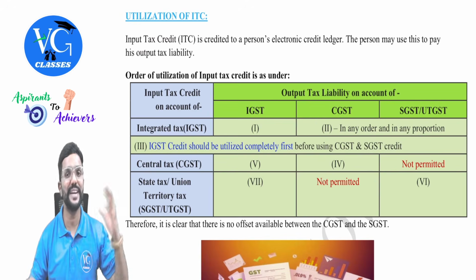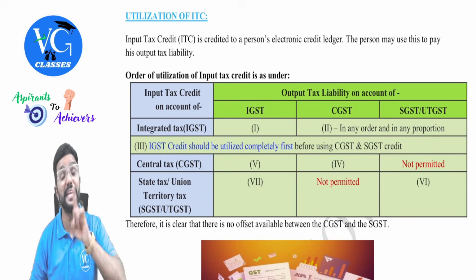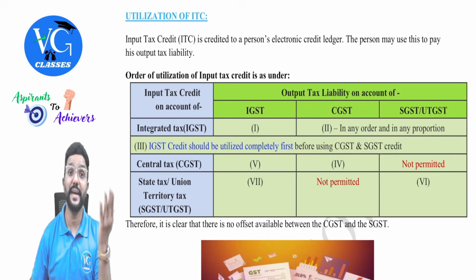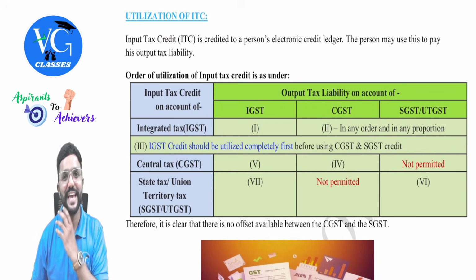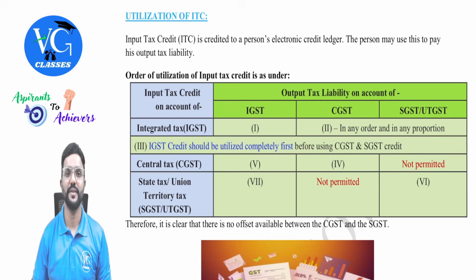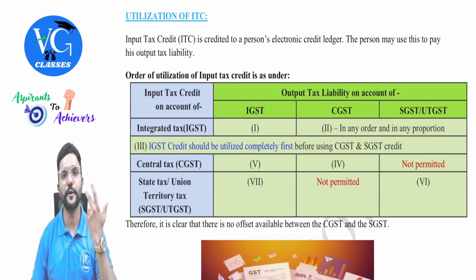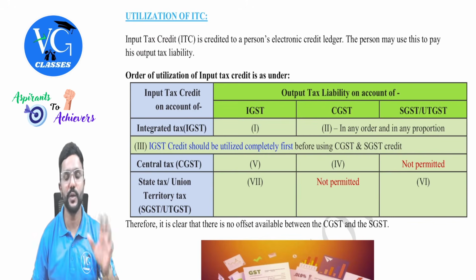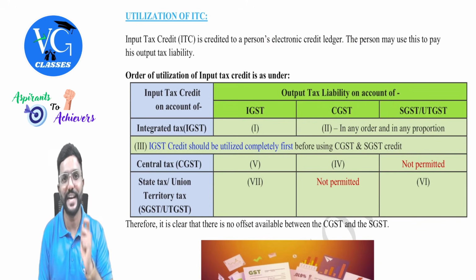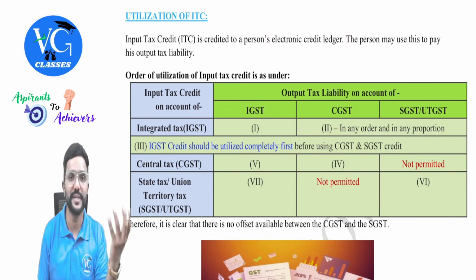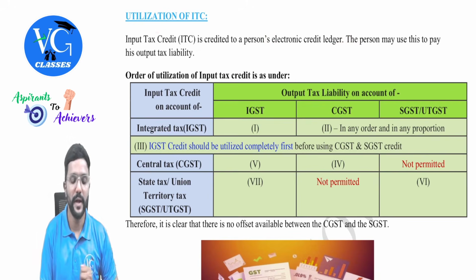Because if I am supposed to pay tax on my inward supply under RCM, it is an input tax. Once I pay it, I can claim that as a credit. But to pay that, can I use my electronic credit ledger balance? No. Even to pay interest, late fee or penalty under GST, you cannot use your electronic credit ledger balance. So the balance in the electronic credit ledger with respect to your input tax can be used only to pay output tax.